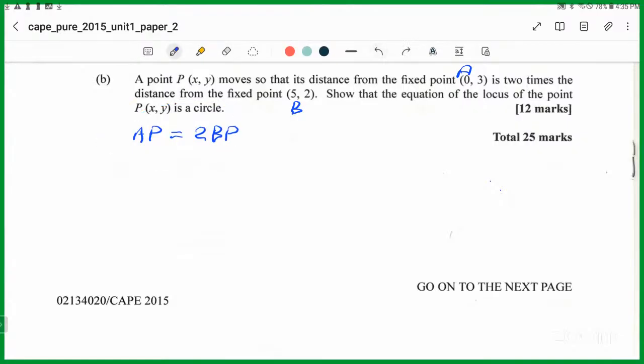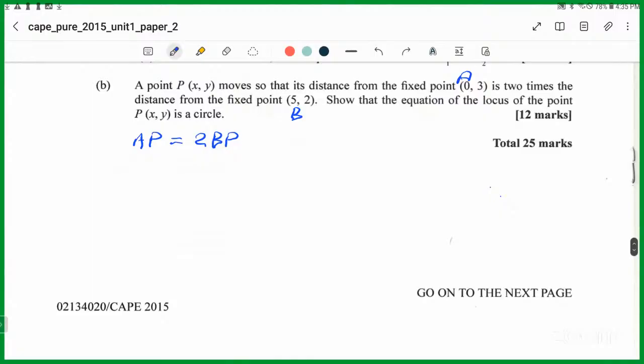What will be the distance AP between these two? It will be the square root. And to forget about the square root, you can square this and square this, such that this square becomes 4 times this square. But you can still leave it as that. So what will be this distance?